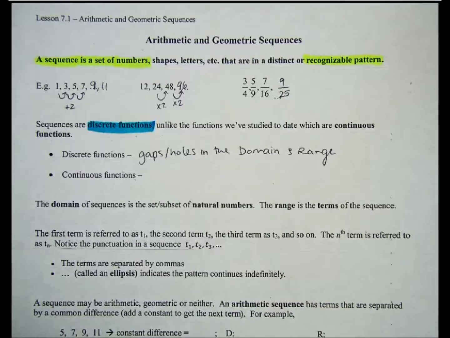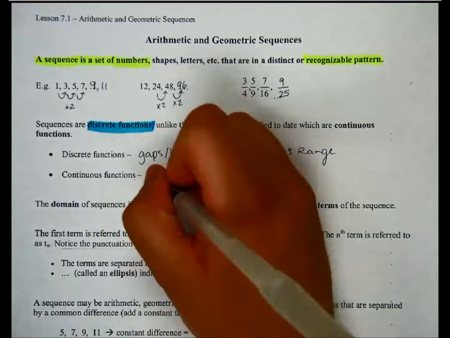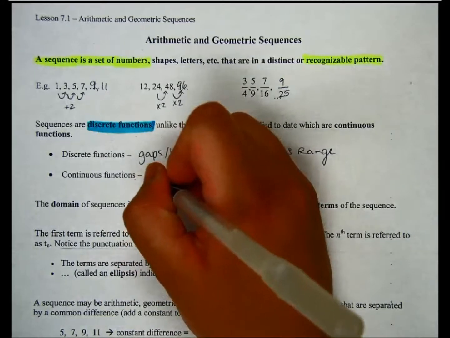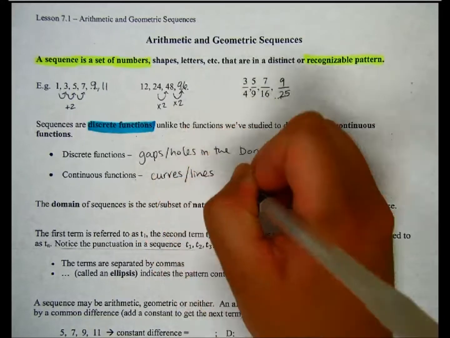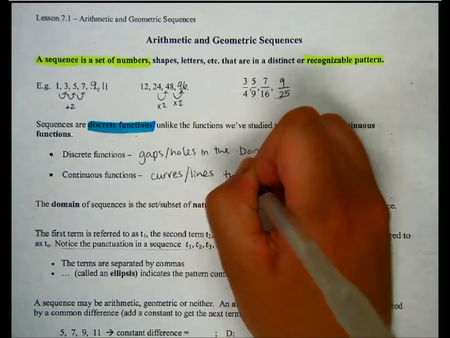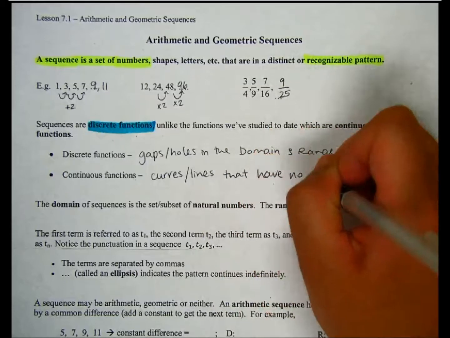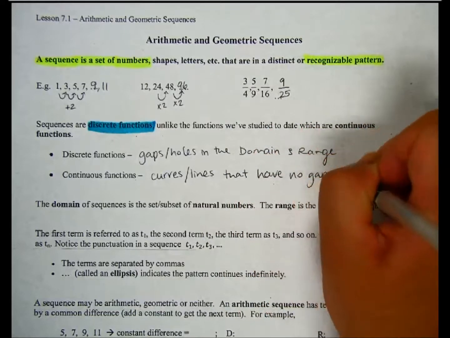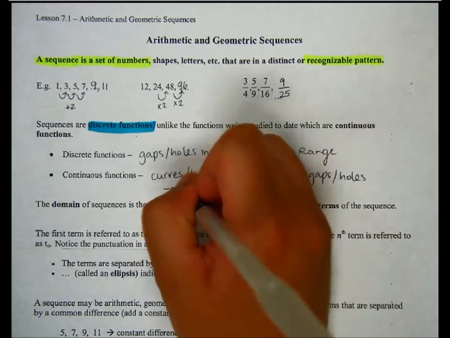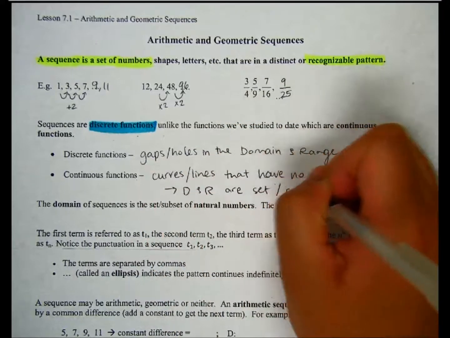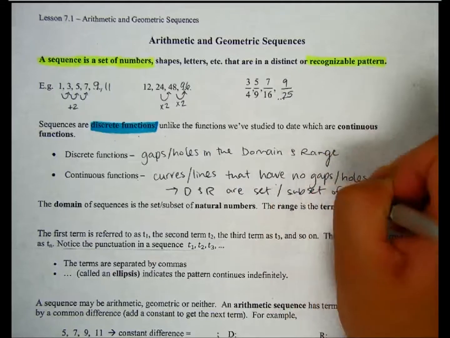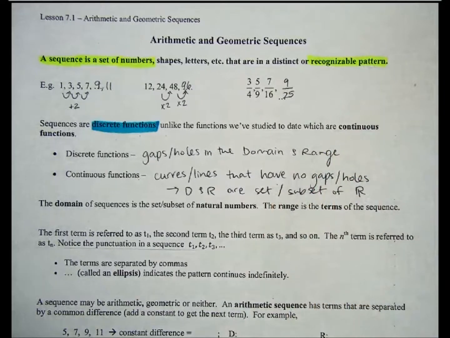Whereas continuous functions, if you remember also back from Unit 3 when we first were introduced to this definition, they have no gaps or holes, so they're curves, lines. And basically, their domain and range are the set or a smaller set of real numbers.